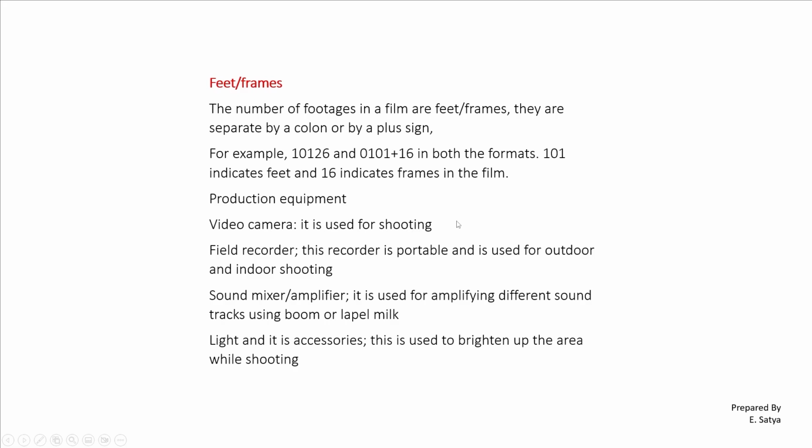Then a field recorder, which is portable and used for outdoor and indoor shooting. And a sound mixer, or amplifier, used for amplifying different soundtracks using a boom or a lapel mic. So it is kind of a mixer, right?